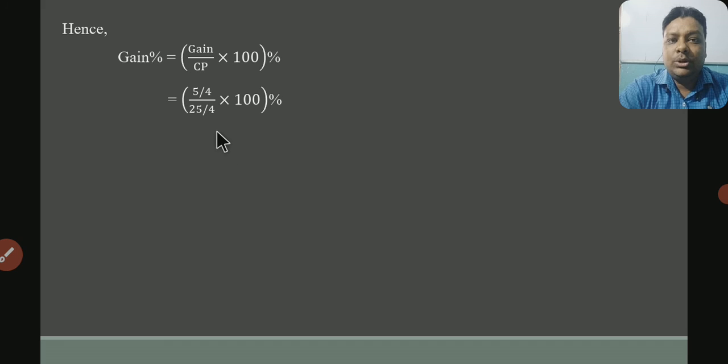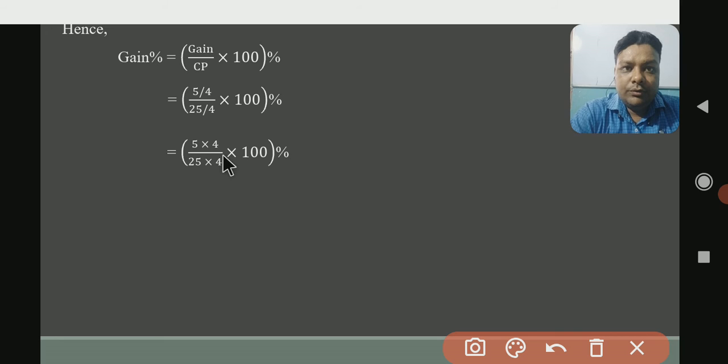Both have denominators, so the 4s will cancel. 5 fives are 25 and 5 twenties are 100. It means the total overall gain will be 20%.